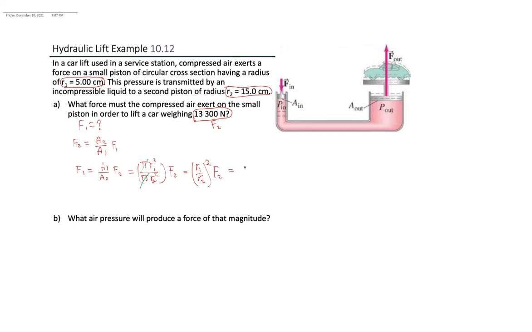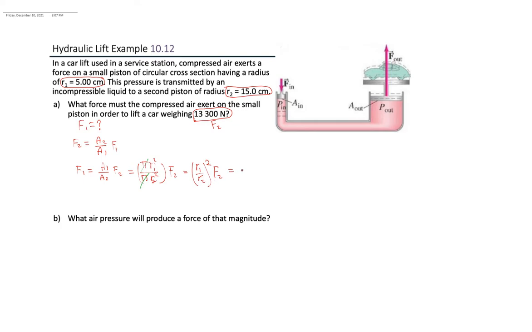Now generally we want to put radii in meters because these are given in centimeter, but because it's a ratio of R1 over R2, it doesn't matter which units I use, so we can leave this in centimeter.